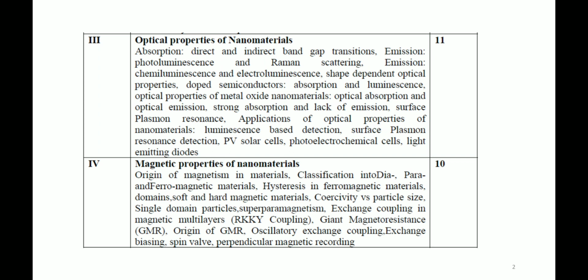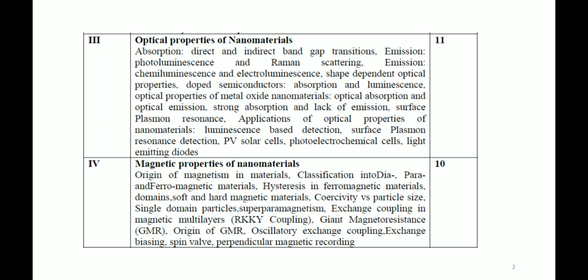This is, again, an important thing which is going to happen when the material goes to the nanoscale. There is a new phenomenon which is called surface plasmon resonance. Okay, so plasmons are formed, and the frequency of the plasmon resonates, so it matches with the frequency of the incident light.